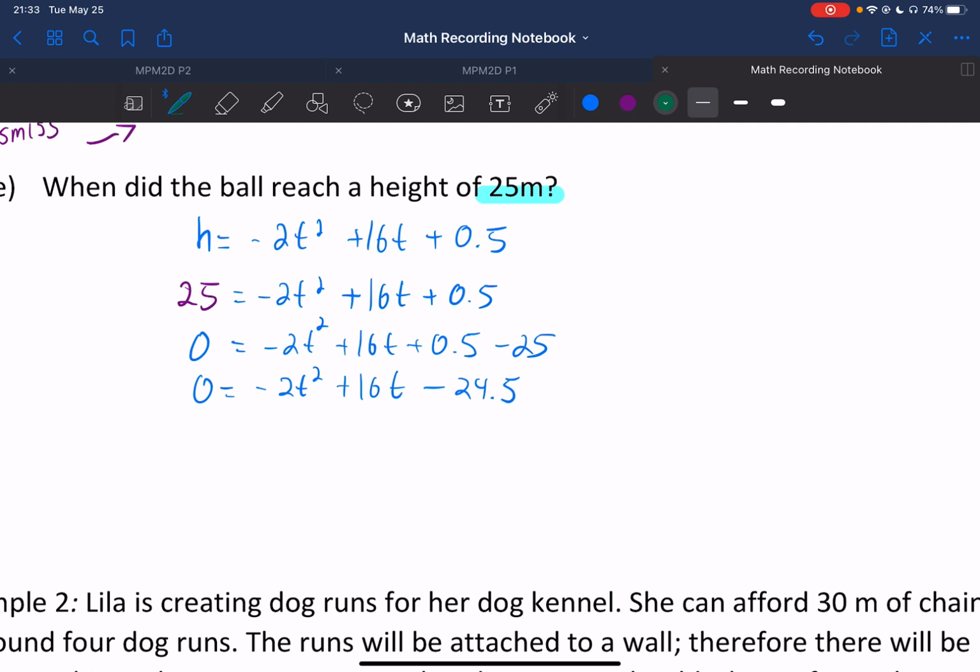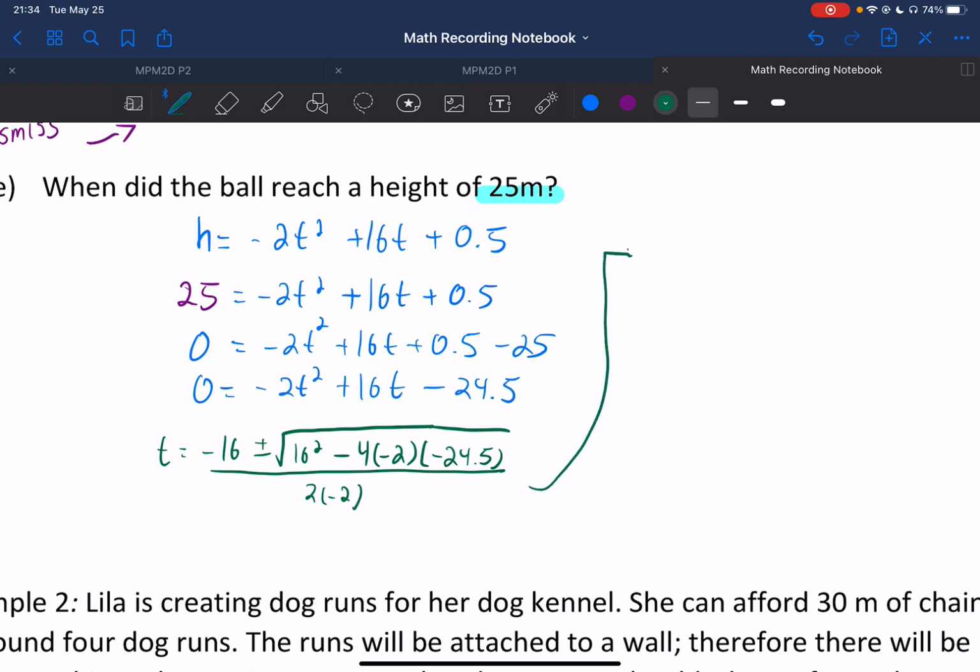So t is going to equal -16 plus minus the square root of 16 squared minus 4 times -2 times -24.5. And this all is over 2 bracket -2.